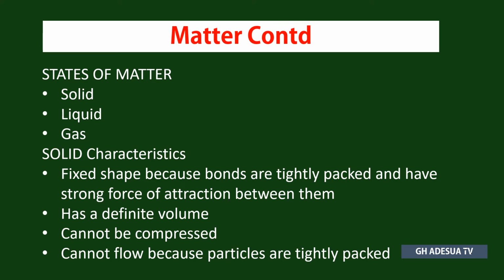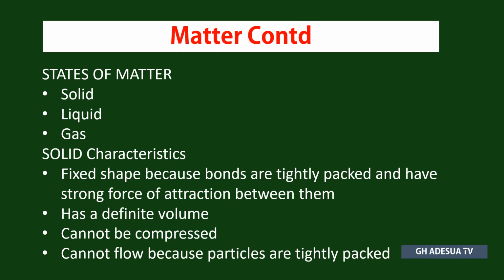Then we come to volume. They have fixed or definite volume. So if you take a stone, a book, or a pen, the volume will never change. It is the same. And we are always saying that you cannot compress them. Now by compression, let's take, say, a spring.